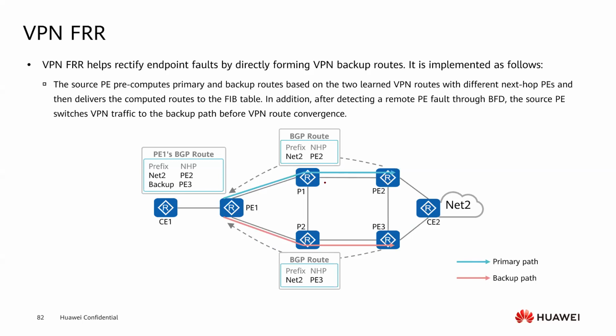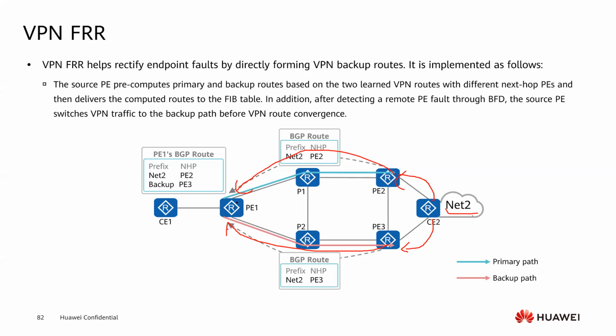So VPN-FR is very simple. You can say PE2 and PE3 both receive the network 2 from CE2. P3 is sending the route entry, and P2 is sending the route entry. The next hop will be different.